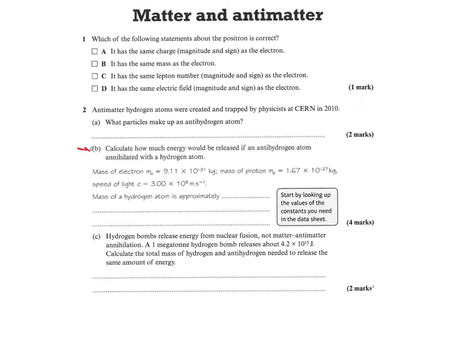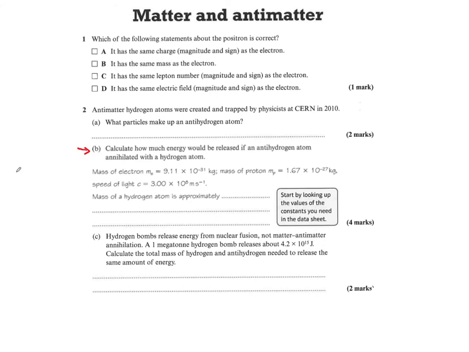How much energy would be released if an antihydrogen atom annihilated a hydrogen atom? You know the mass of a proton is 1.67 times 10 to the -27 kg, and the mass of an electron is this. The mass of an antiproton and an anti-electron will be the same, so we need to get these values and multiply them by 2.